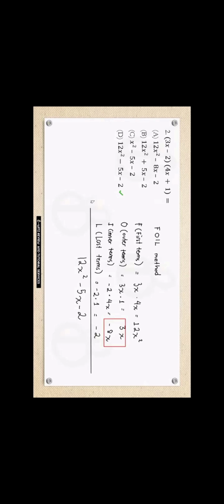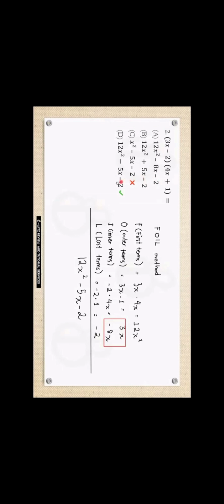Now, for a shortcut technique here, the term with x squared should have a coefficient 12, which can be seen only in options A, B, and D. So we can eliminate option C faster, right? And the constant term should be negative 2. But take note, you can see that A, B, and D have the constant term, which is negative 2.